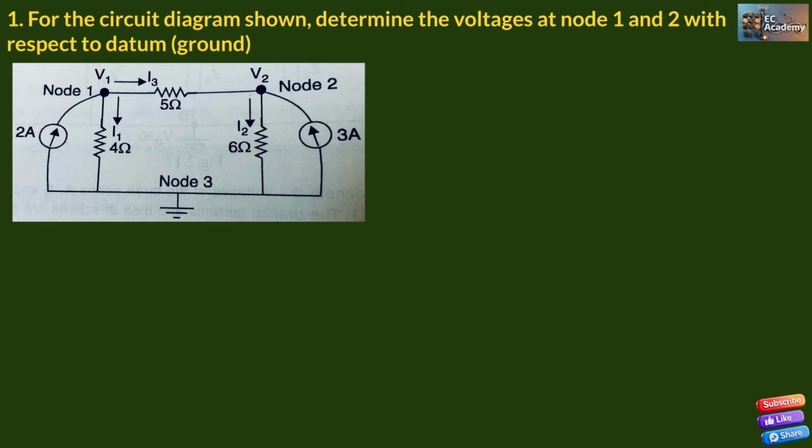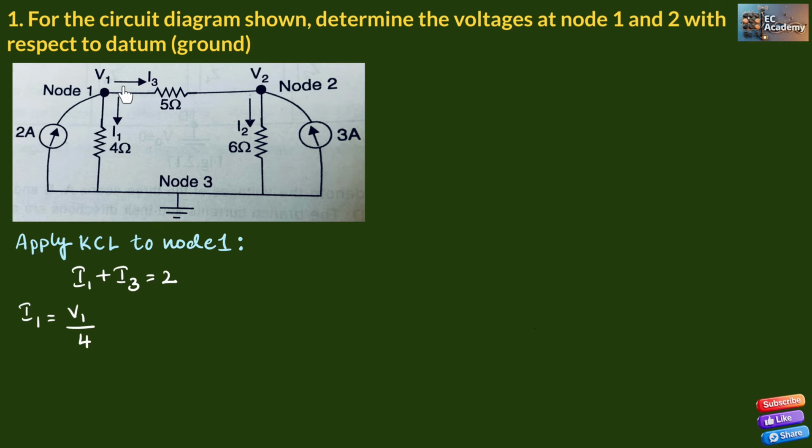In the first step, let us apply KCL to node 1. So, at node 1, we can write I1 plus I3 is equal to 2 amperes. Also, we can write I1 is equal to (V1 minus 0) divided by 4, so I1 is equal to V1 divided by 4.